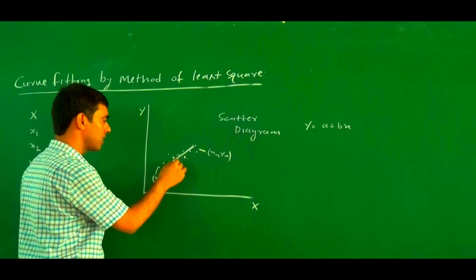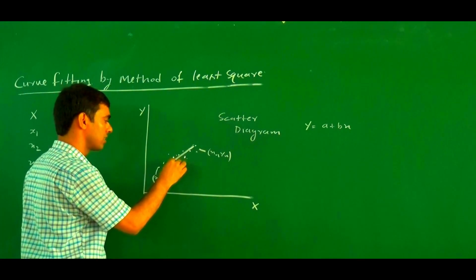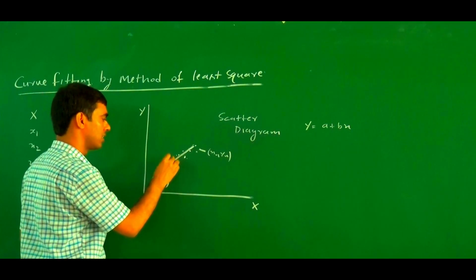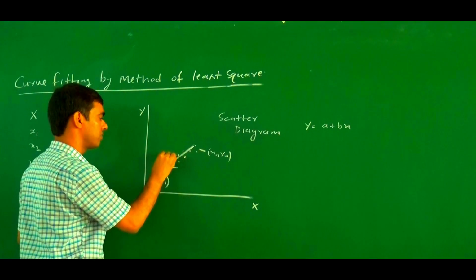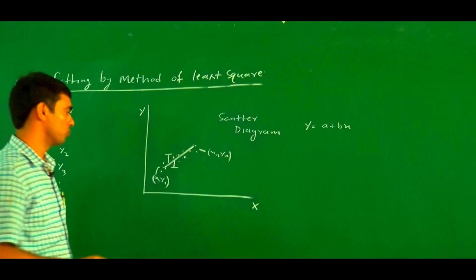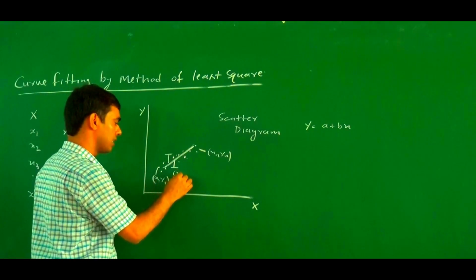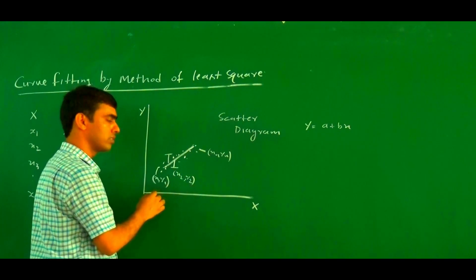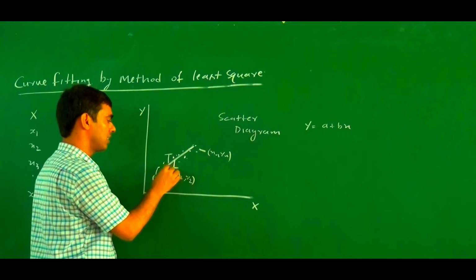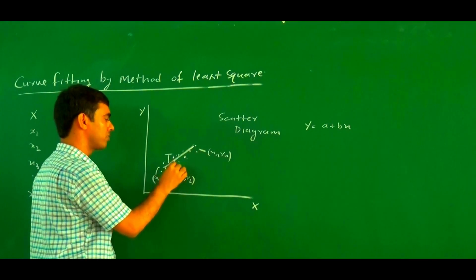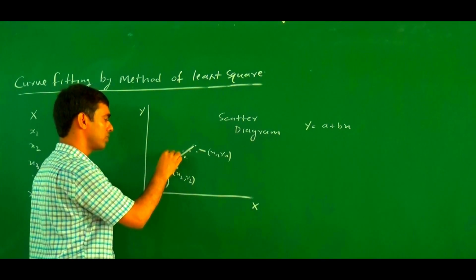If that point does not lie on the straight line, then there is a difference. Suppose x2, y2 does not lie on the straight line. Then this one is a difference, this one is an error.